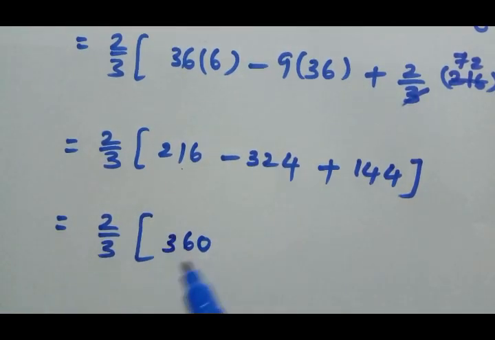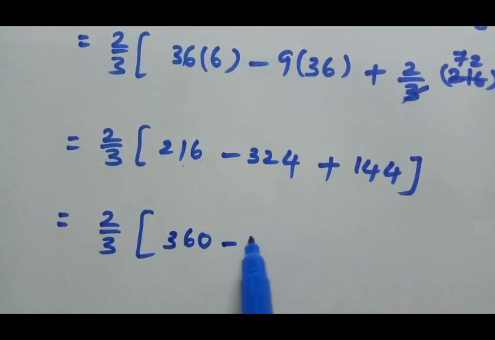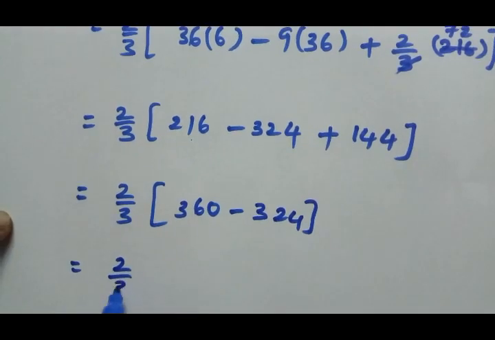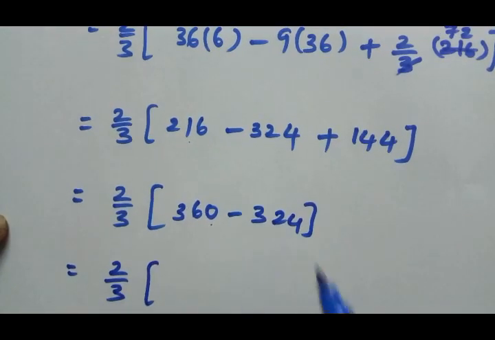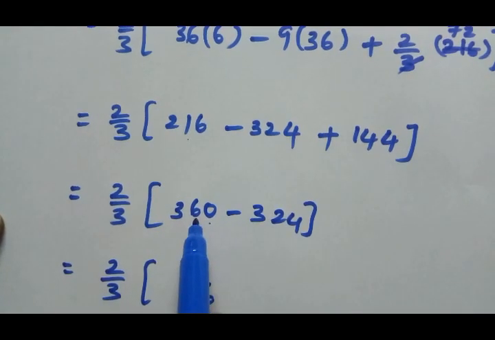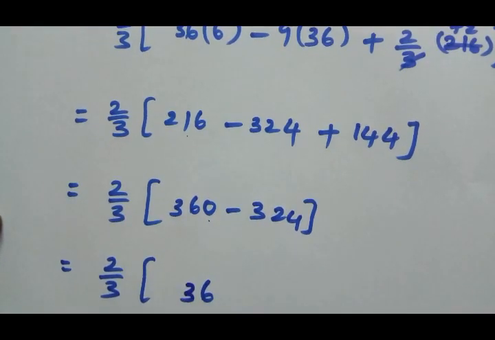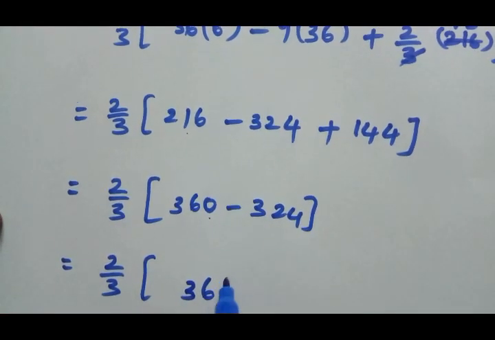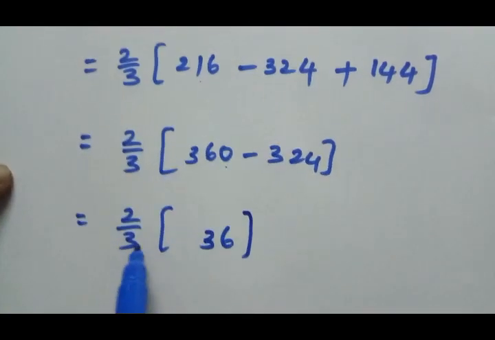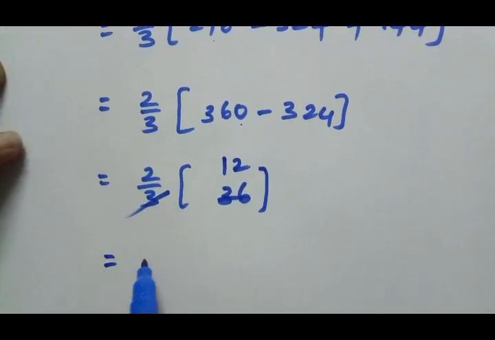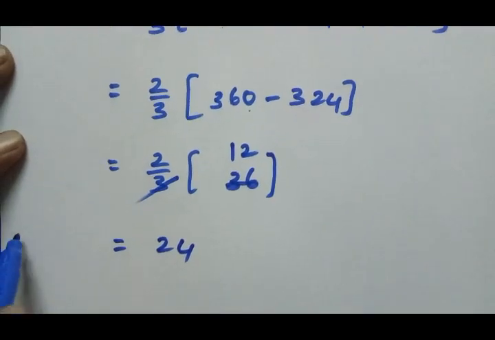3 minus 324, that is 2 by 3 into 10 minus 4, 6, 5 minus 2, 3, and 3 minus 3, 0, 3 ones, 3 twelves, that is equal to 24.